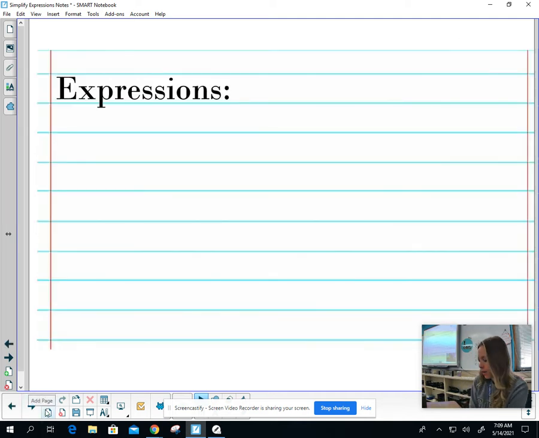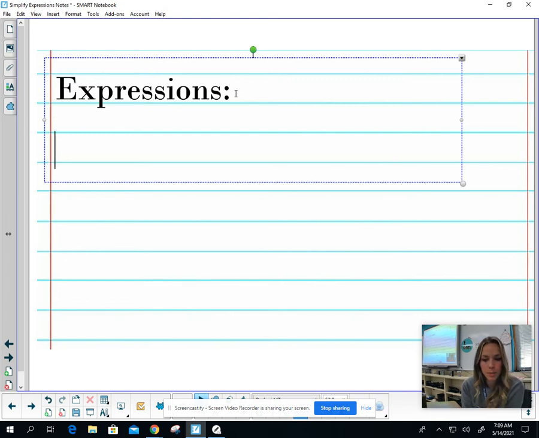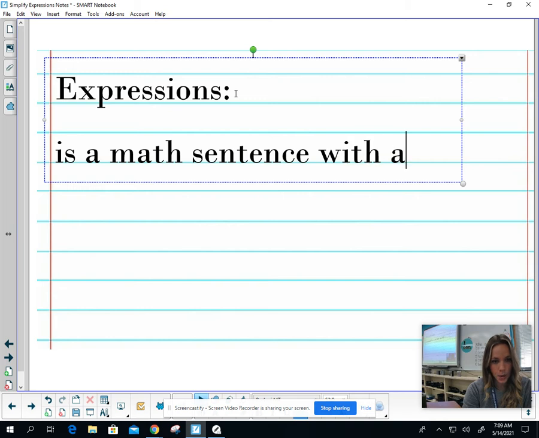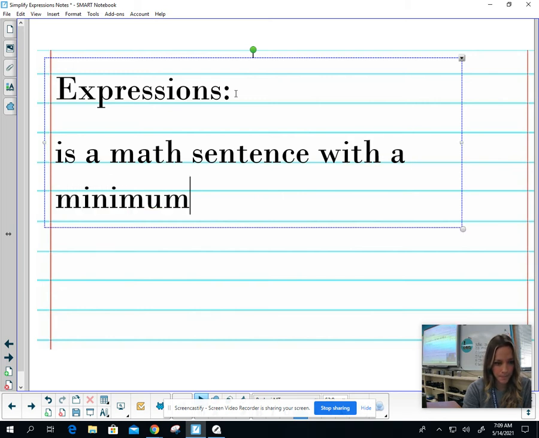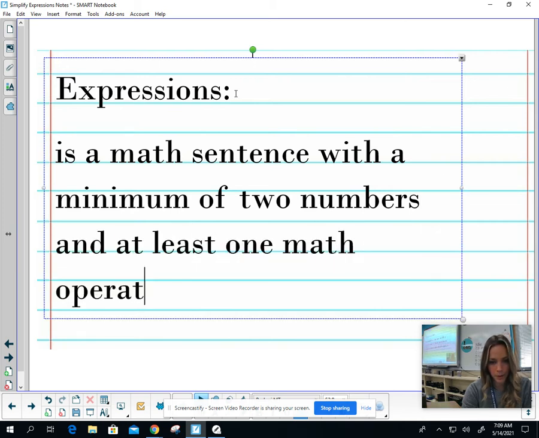We need to identify, well, what is an expression? You've heard the word, it has more meanings in our language. Of course, expressions could be our facial expressions: happy, sad, mad. But in math, it is a math sentence with a minimum of 2 numbers and at least one math operation.